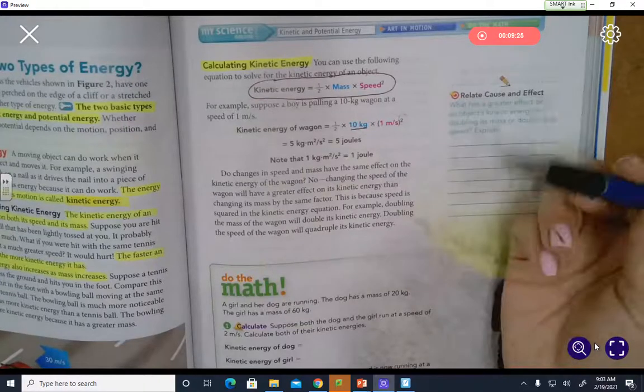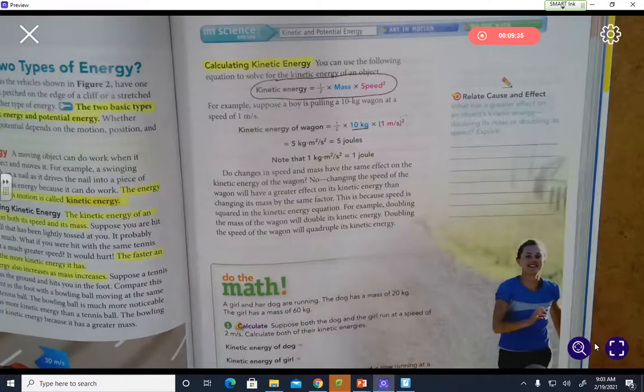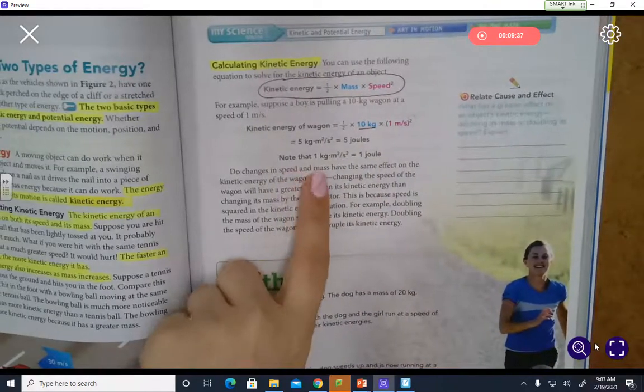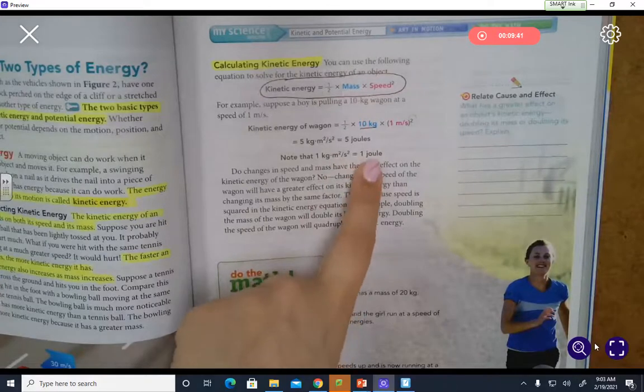And we would get 5. And we learned on the first page that the label for energy is joules, so it's just 5 joules. And note that 1 kilogram meter squared per second squared is just 1 joule.